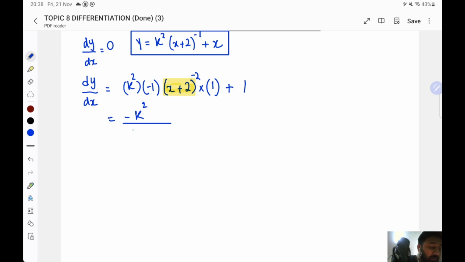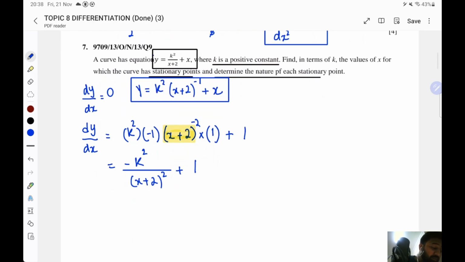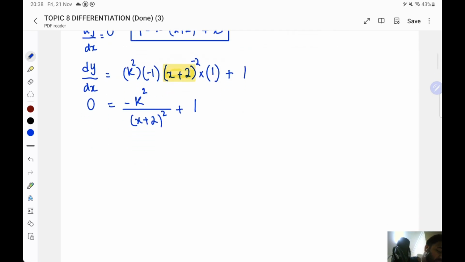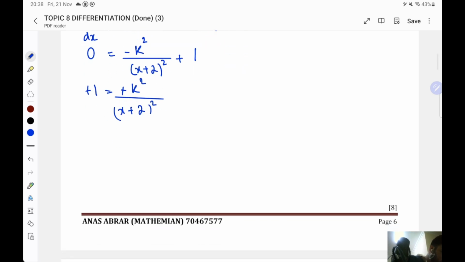This is dy by dx, and since we are interested in finding the values of x for the stationary points, we substitute dy by dx equal to 0. After simplification, it will be -1 equals -k squared divided by (x plus 2) whole squared. Negative and negative cancel out.